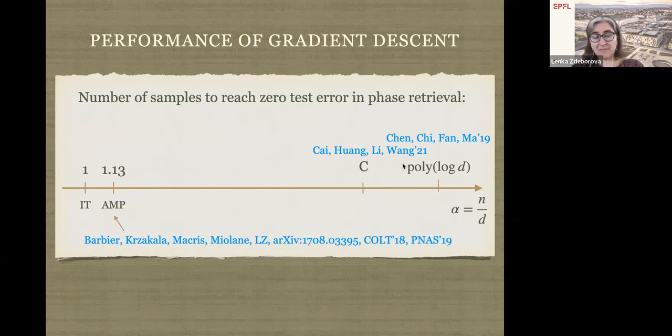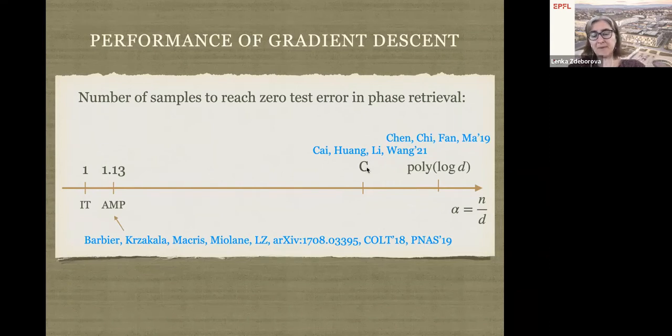There are several papers about that in the theoretical computer science literature. As I said, kernels would need a number of samples that is quadratic in dimension. But gradient descent with this particular loss function was shown to need a polynomial of the logarithm of d times d samples. So that's still much more than our 1.13, but it's better than d squared.